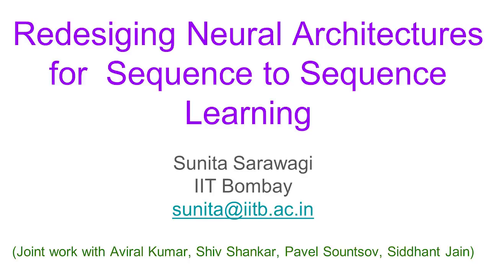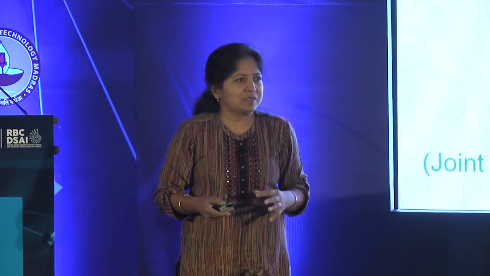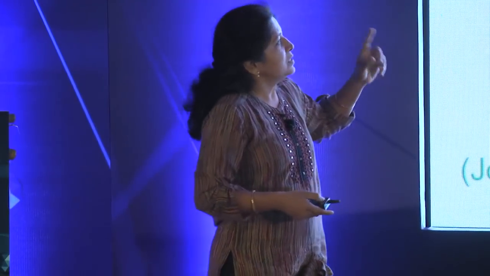Thank you. Good morning, everybody. So today, I'm going to be talking about neural models for sequence-to-sequence learning. Deep learning, as you have all heard, has achieved remarkable success in many different tasks. And a large fraction of these tasks can actually be cast as sequence-to-sequence learning problems.